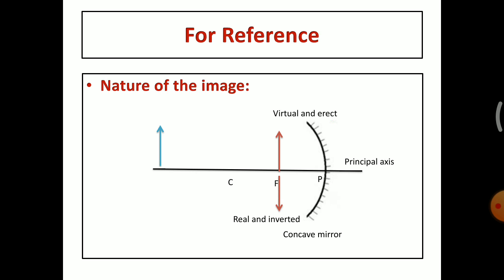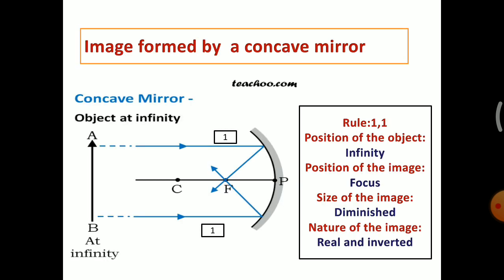If the image is formed below the principal axis, that is real and inverted. From this we can identify the nature of the image. Here, the nature of the image is real and inverted.